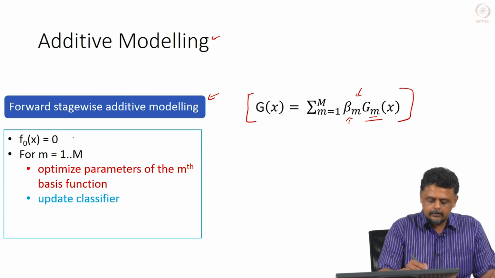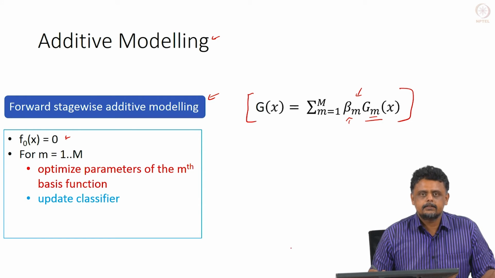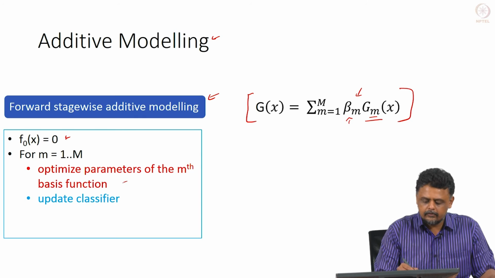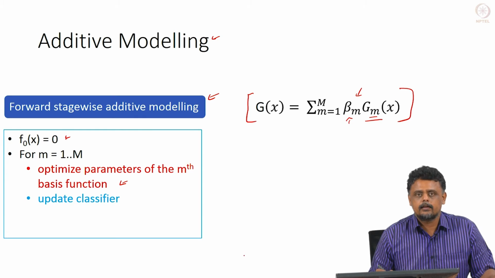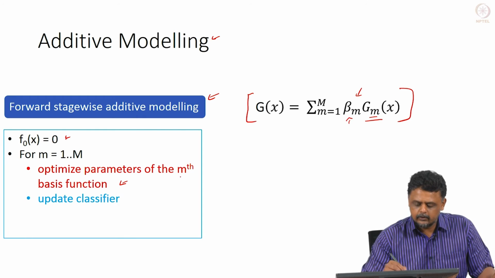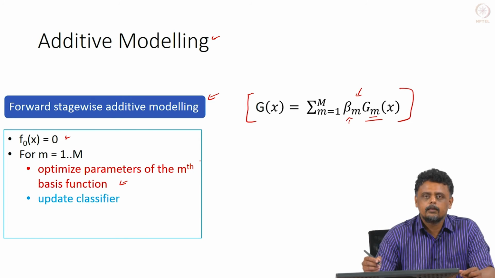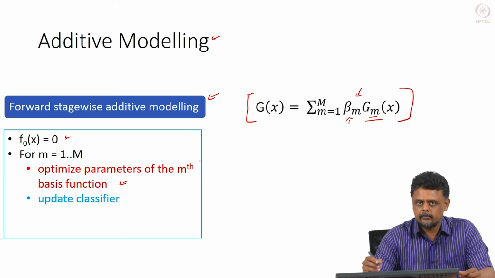We start off with a function initialized to 0, then for m steps, so as many classifiers as we have, optimize the parameters of the mth basis function or classifier. The reason it is called a basis function is that you might all be familiar with the linear regression class that you have been through.